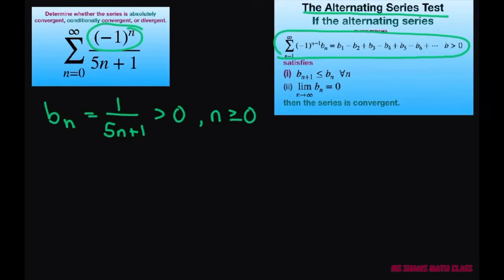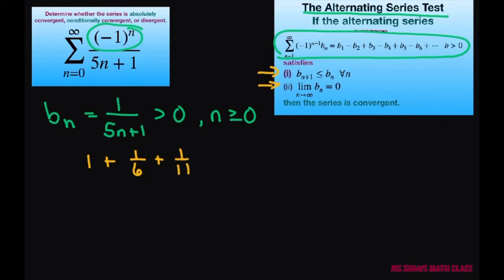All right, now let's look and see if it satisfies these two conditions. So I'm just going to write out some terms. If I let n equal 0, we get 1. If I let n equal 1, we get 1 divided by 6. If I let n equal 2, I get 1 divided by 11.